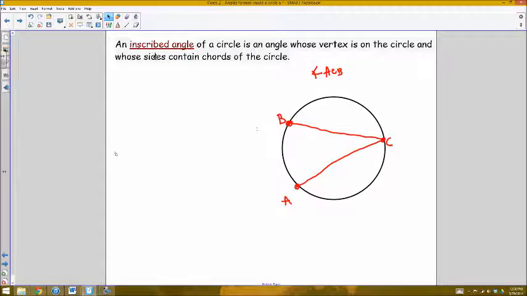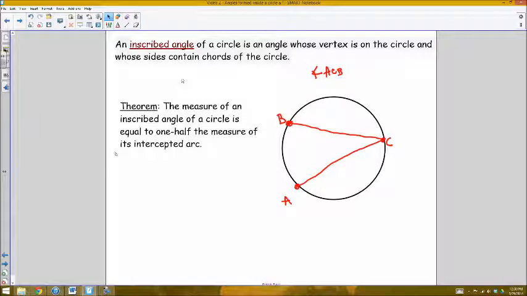And as we just noticed, the measure of an inscribed angle is equal to half the measure of the arc it intercepts. So what that means in this particular case is that the measure of angle ACB is going to be 1/2 the measure of arc AB. And that's always going to be true.